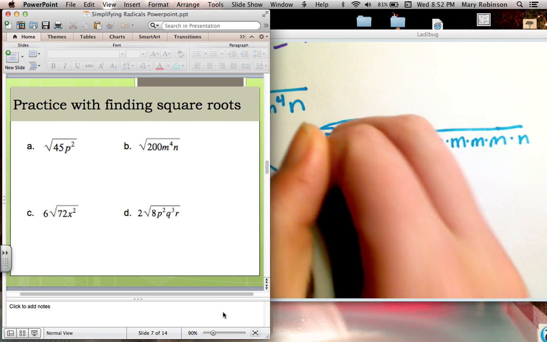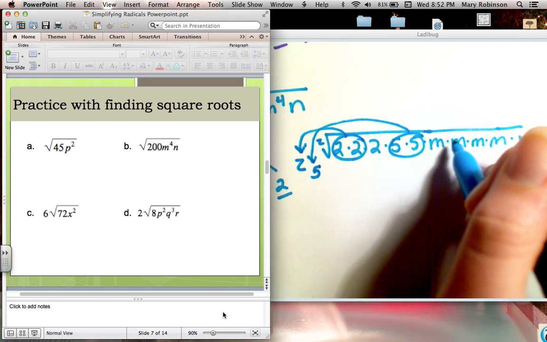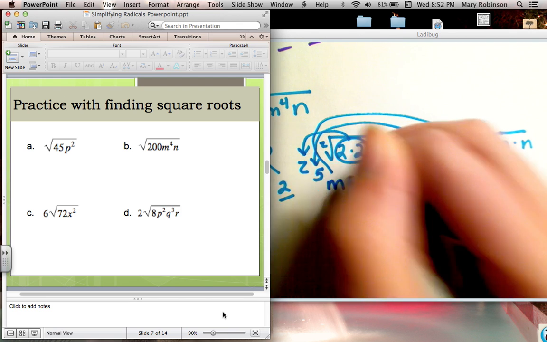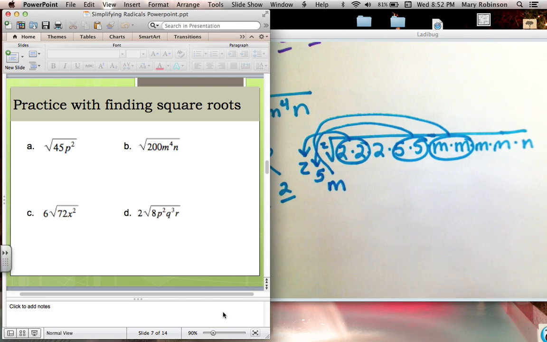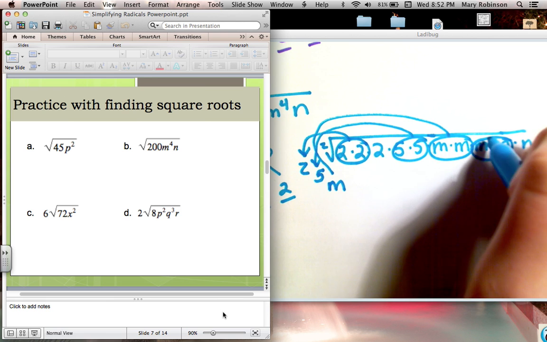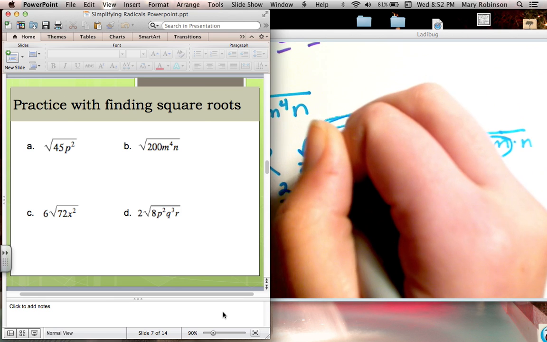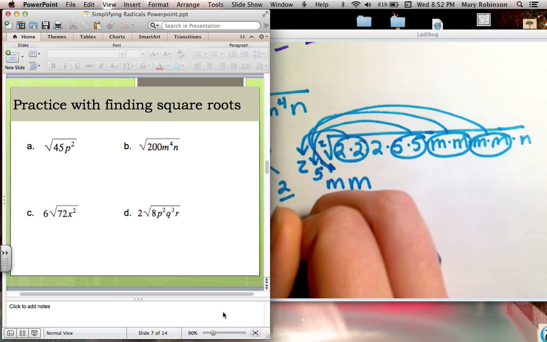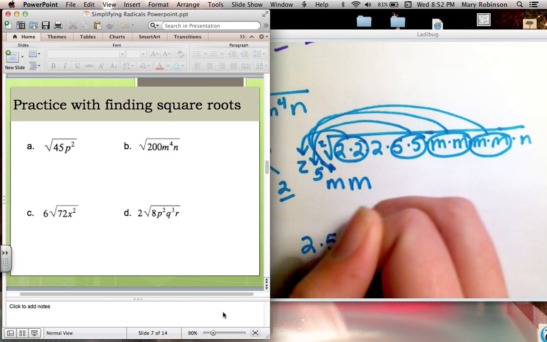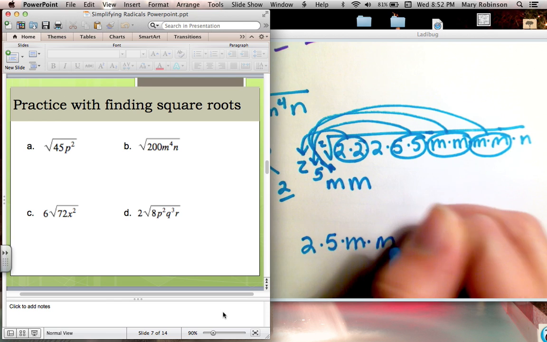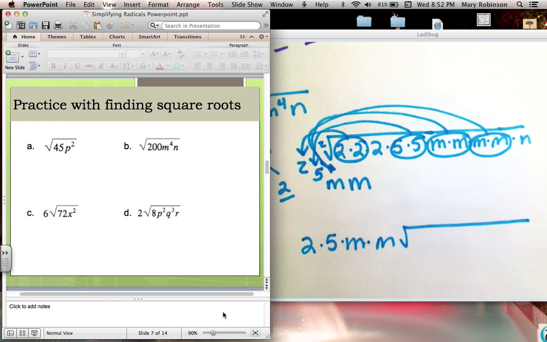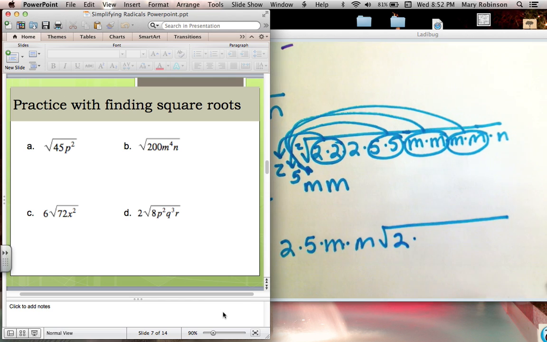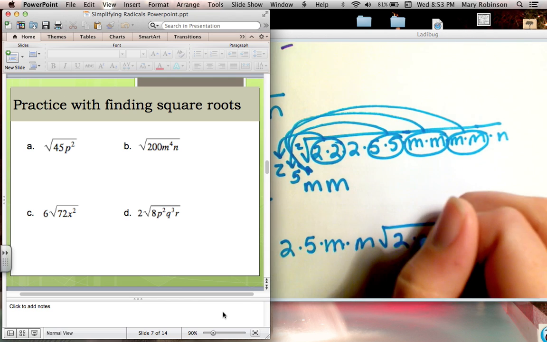We have two 5's here, so a 5 can come out. Excuse me, I ran out of room, so I have to write it a little bit diagonal. We have two M's here, so an M can come out. We have two M's here, which means another M can come out. Okay, so we're left with 2 times 5 times M times M. And what's left under the radical is a 2 that didn't get used, and an N that didn't get used.